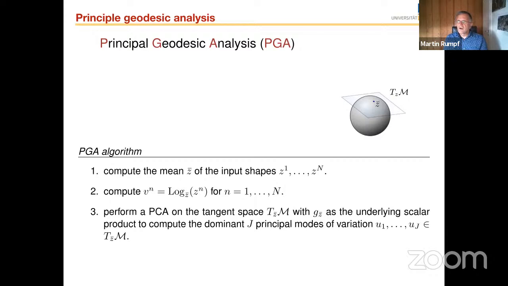And then we can combine tangent vectors and work with them. And this is possible if we then perform PCA in the tangent space, where the scalar product underlying this PCA is the metric, the length measurement representation on the tangent space. And thereby we, for instance, can compute uppercase J principal modes of variation in the tangent space.